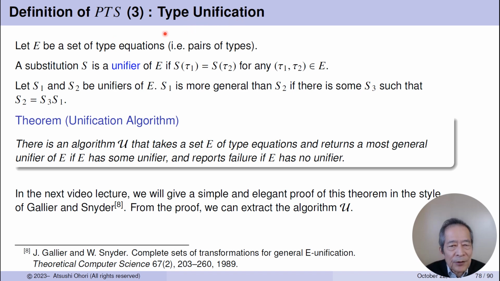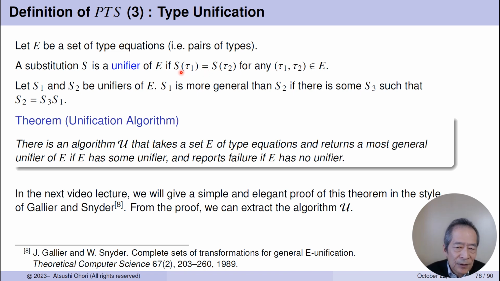So type unification, the target is type equations. So let E be a set of type equations. Type equations are simply pairs of types. And then a substitution S is called a unifier of E if for each equation in E, S of tau 1 and S of tau 2 become equal.